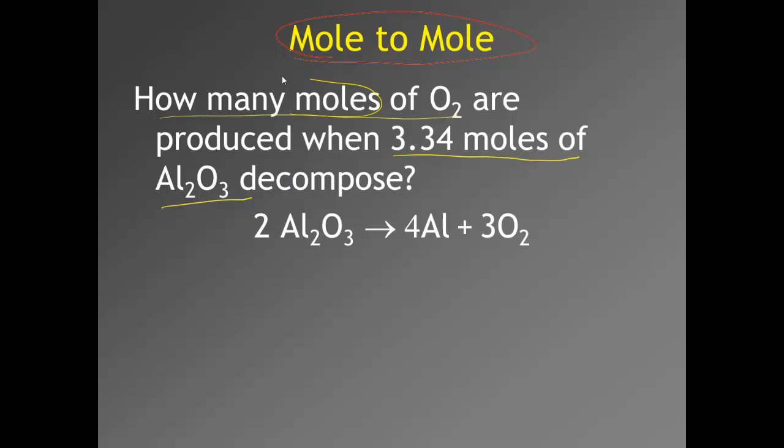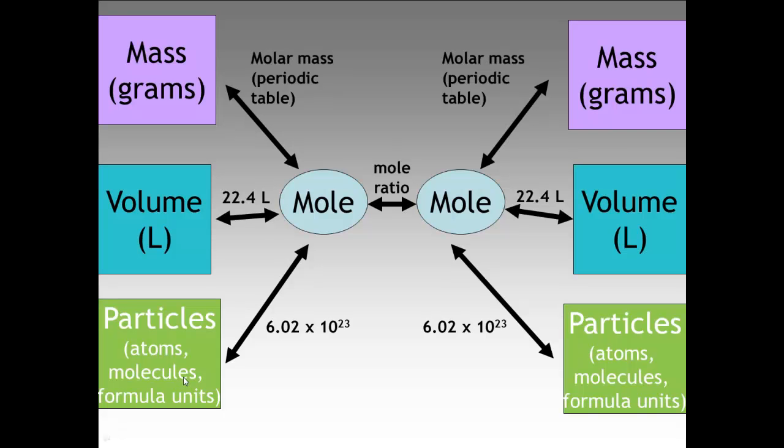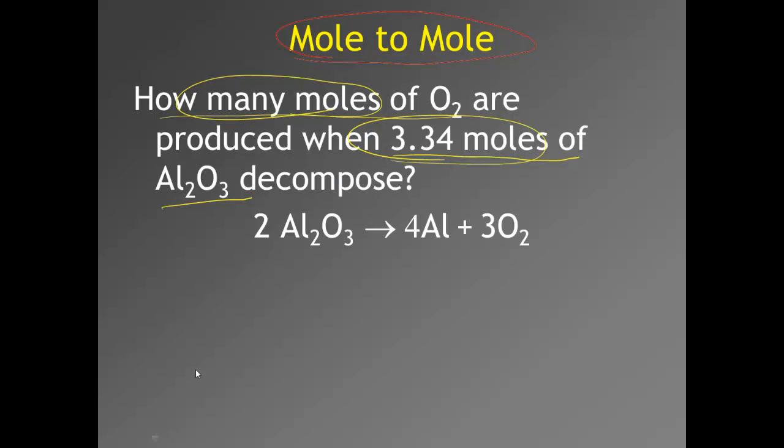I'm asked about moles and I am given moles. If we go back to our mole roadmap, this is all I'm doing. So how many steps does that look like it's going to be? That's going to be a really short problem, right? 1, 2 steps. So nice and short and simple.